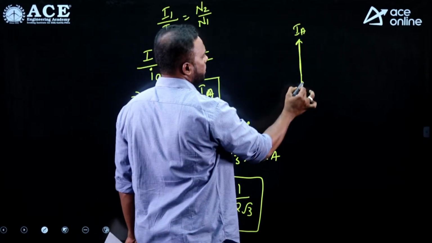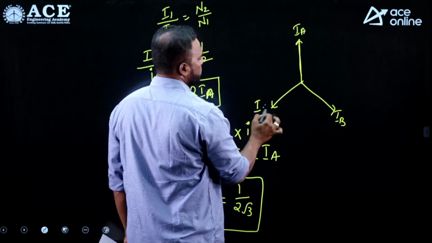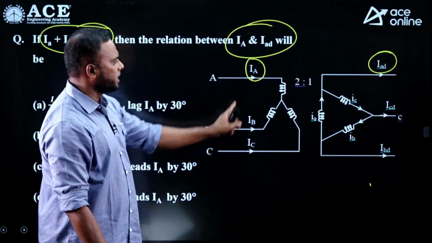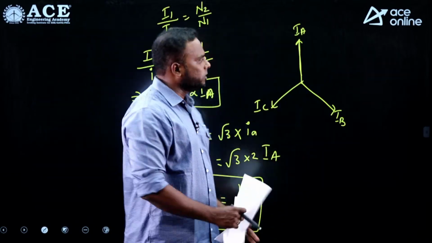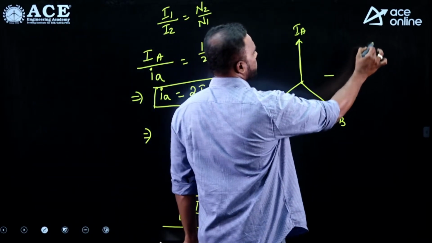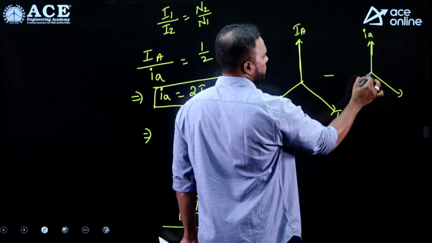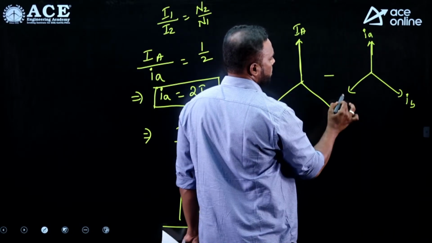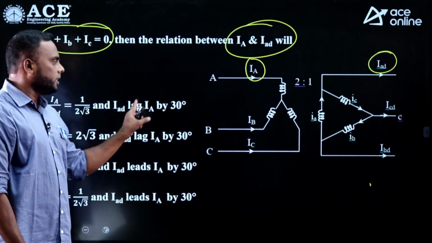They have given negative sequence. Take IA, IB, IC here, and here this is small Ia, Ib, Ic. Secondary currents will be in phase with the corresponding primary currents, this is small Ia, Ib exactly in phase with this, Ic. But we need the relation between Iad and capital IA.